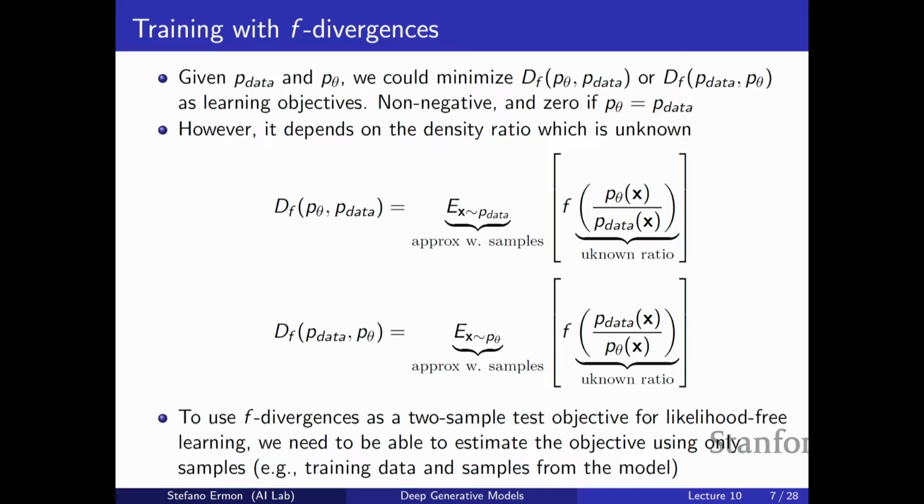You don't need to know how it assigns probabilities to data points. You just need to be able to sample from it. So that opens up a broader set of models, including these implicit ones where you just need to be able to sample from it, essentially.